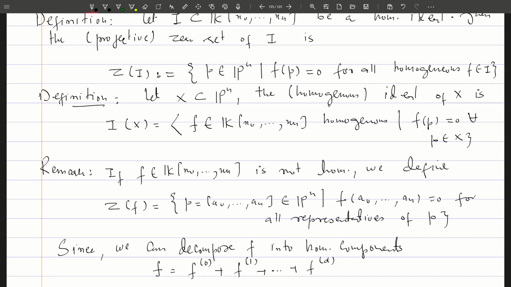Assume that f has degree d. Then we can write the zero set of f as the intersection of the zero sets of the homogeneous components, where i goes from 0 to d.